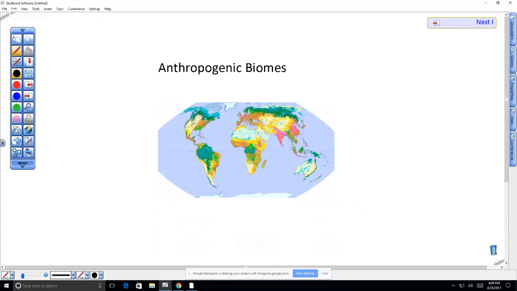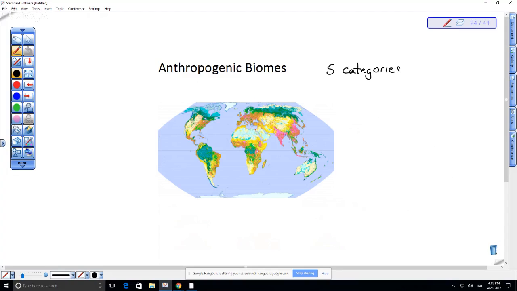Okay, so the thing about our environment, specifically the terrestrial environment, is that we have actually taken over a lot of the biomes. We can talk about how we've created biomes of ourselves by using different environments, and those are called anthropogenic biomes. There tend to be 5 categories that we can put them into.